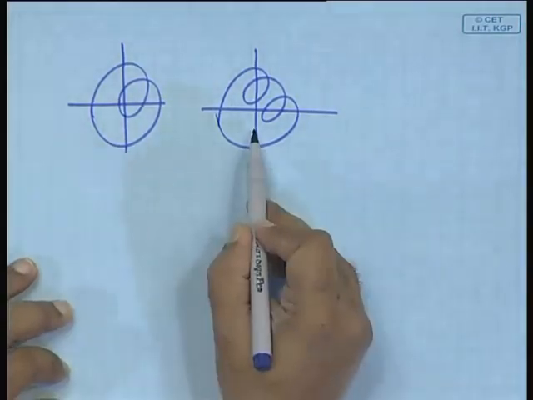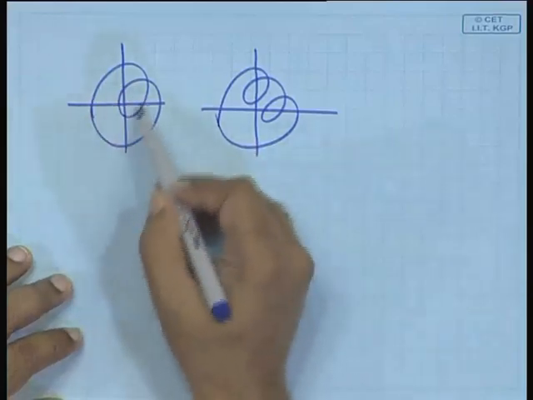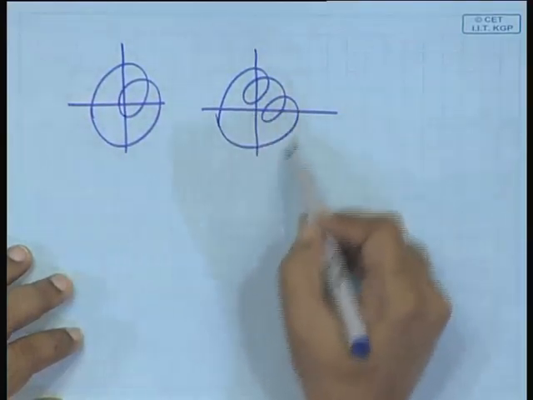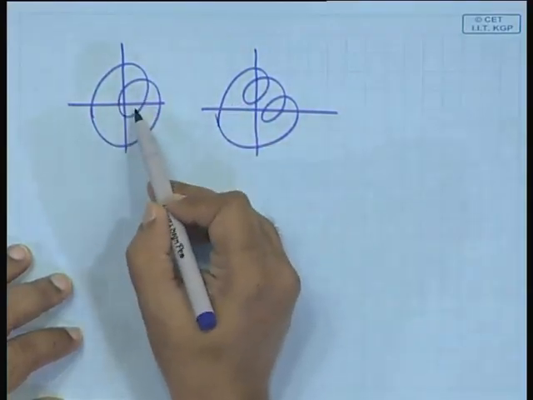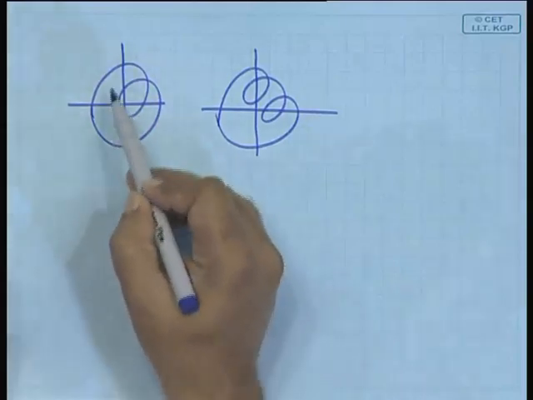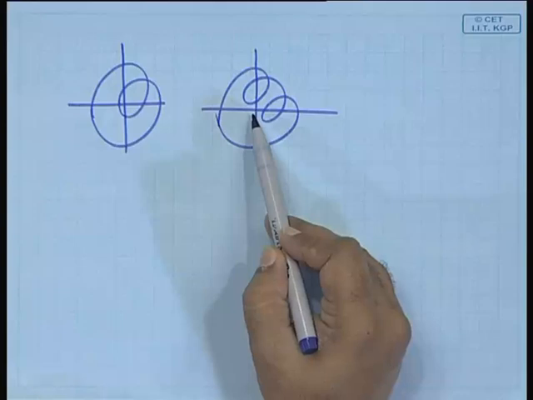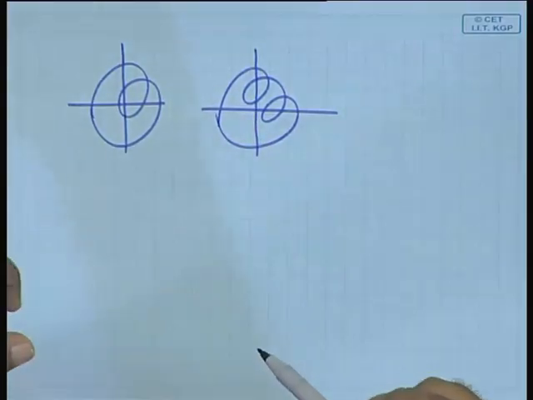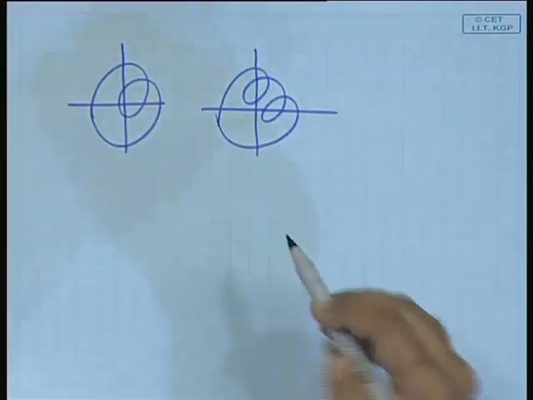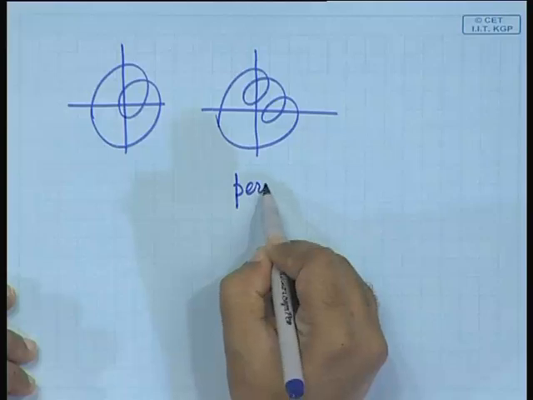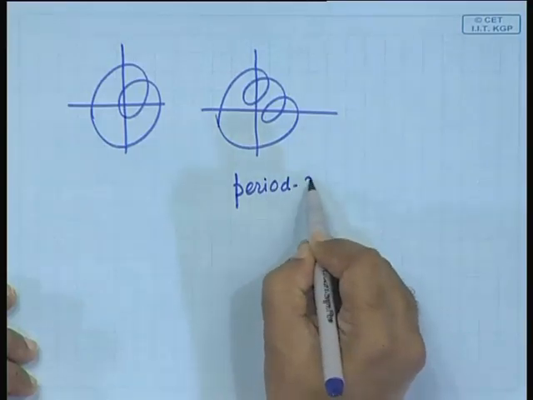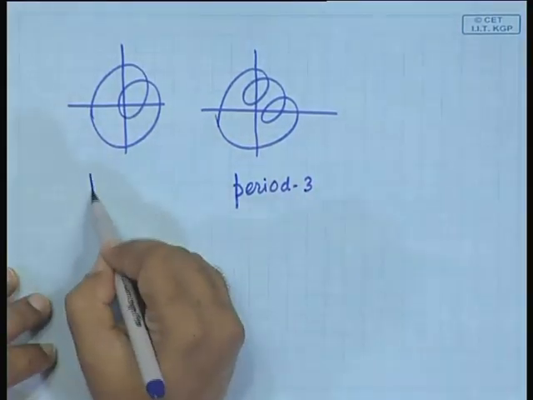What is the difference between them? This one has 2 loops and this one has 3 loops. In this case, we have seen that the same state comes back after 2 periods, 2 cycles. In this case, the same state will come back after 3 cycles. So, this is period 3. So, this is period 2.